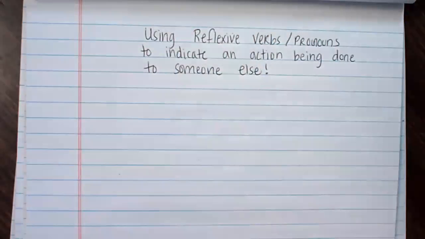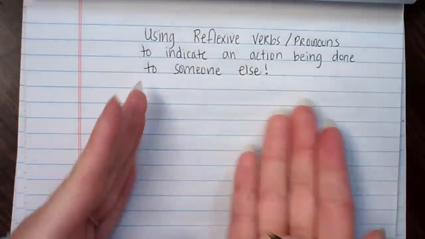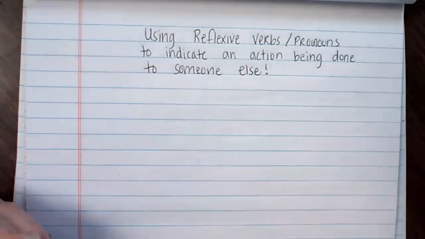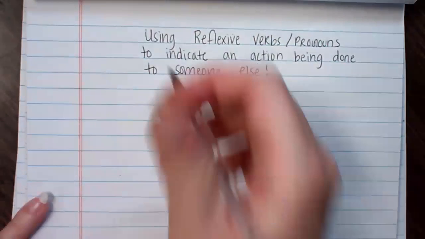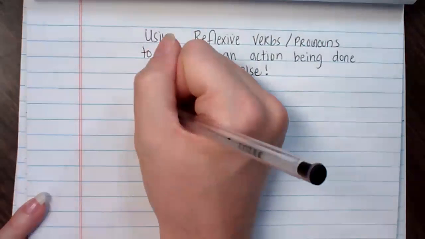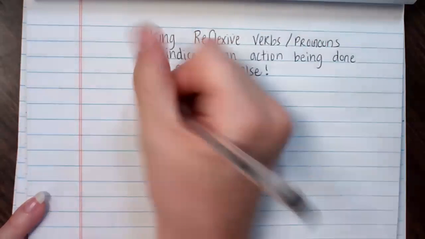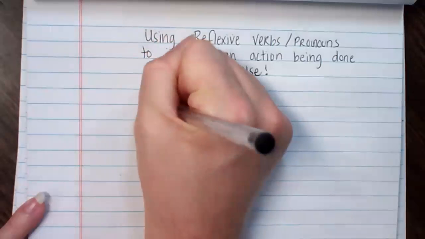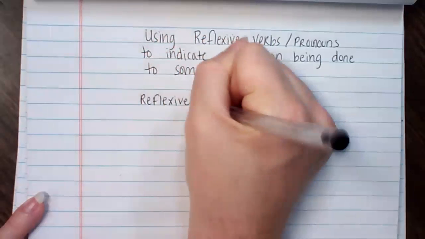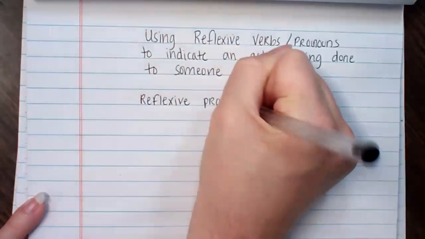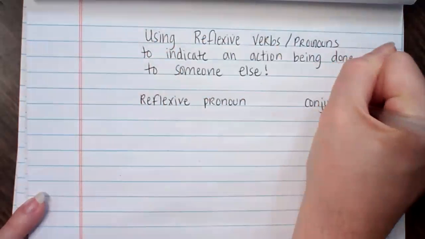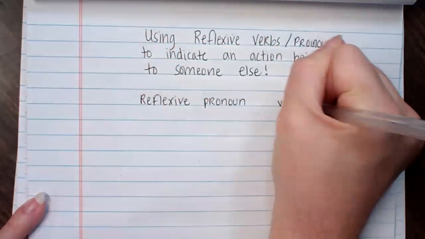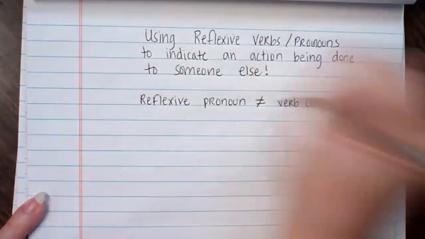So when this happens, when we intend to do this a little bit differently and say that someone is doing something to another person, the only difference is that our reflexive pronoun and our conjugation are going to be different.